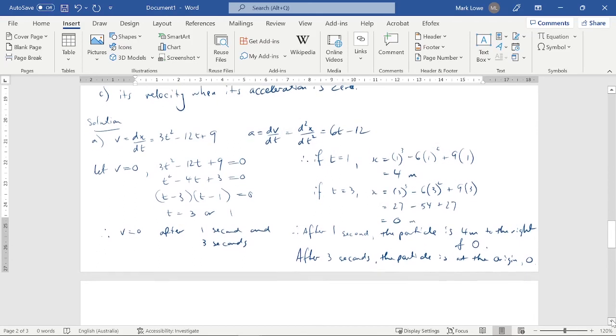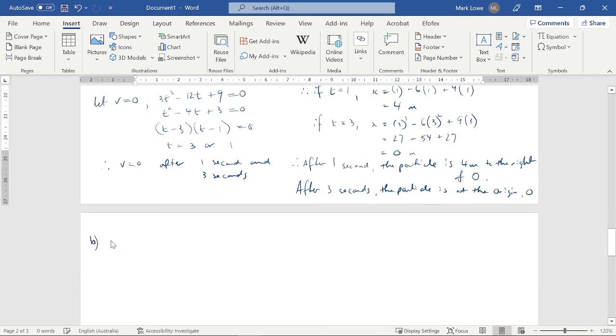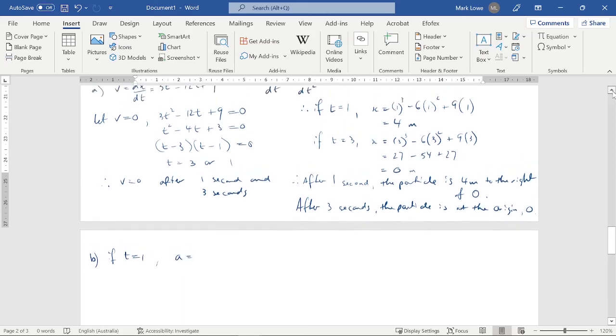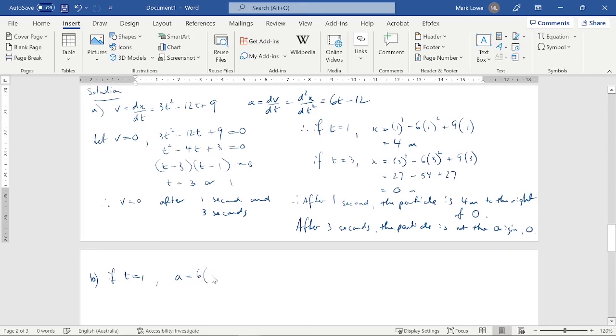Now, the acceleration at those instants. So B then: if t equals 1, our acceleration, which was 6t minus 12, is 6 minus 12, which is negative 6.